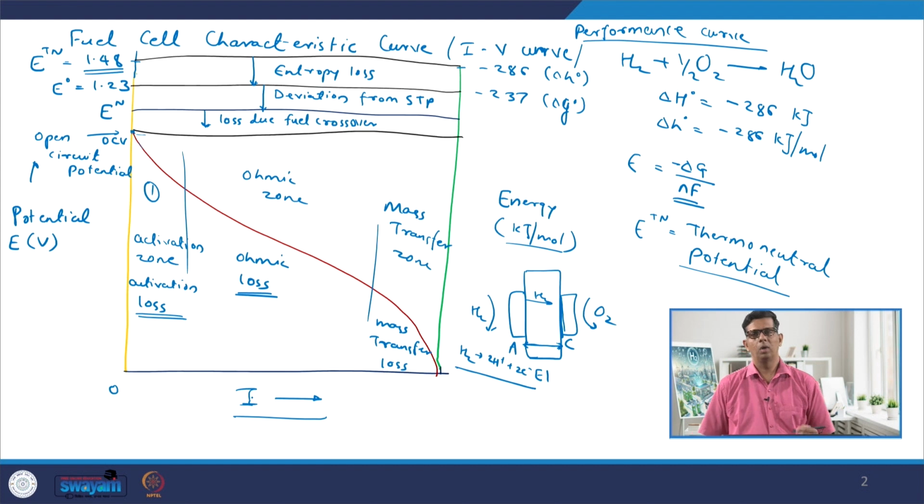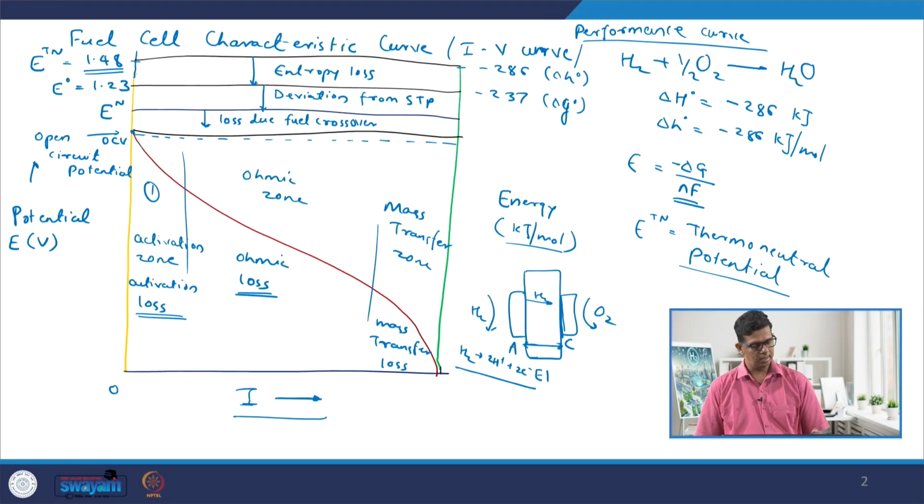Theoretically, what we expect is that as long as I draw more current, the potential should remain constant, and we should get the voltage performance like this. At OCV we expect the potential to remain constant no matter what current we draw. So this is a very ambitious, highly ideal case.